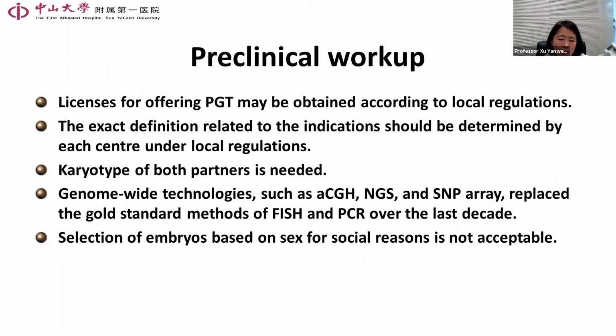However, many centers may only do this in women more than 40 years old, and the exact definition should be determined by each center. And the karyotype of both partners is needed before PGT-A to exclude the possibility of chromosomal abnormalities such as reciprocal translocations.